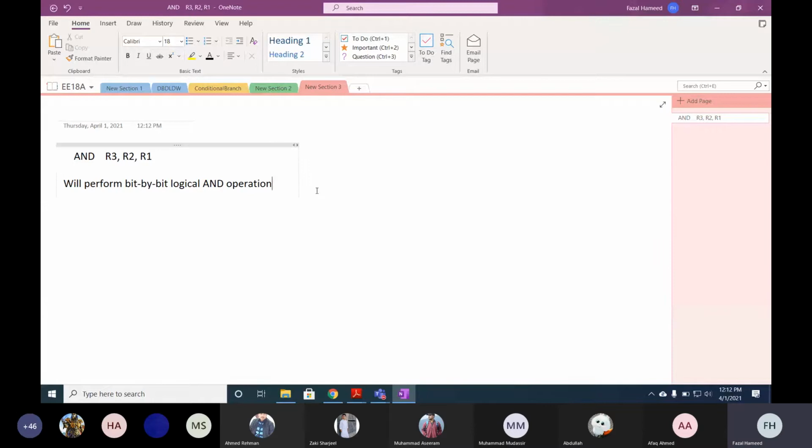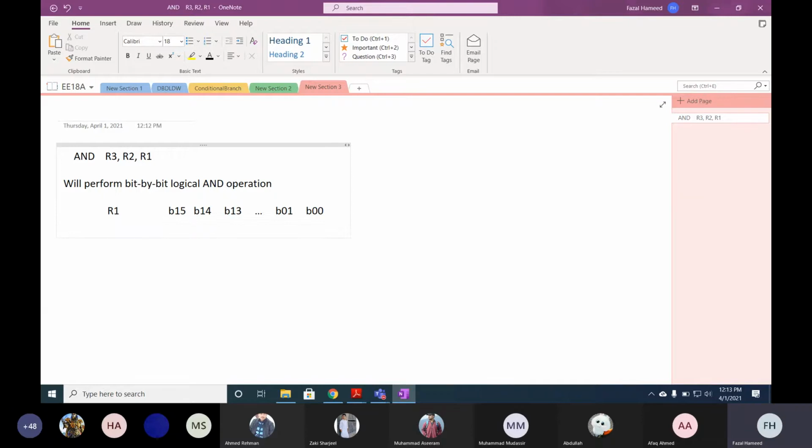Now let's assume we have the contents of these registers. How many source operands are there? Two source operands. R1 has contents B15, B14, B13, and it will go on till B1, B0.